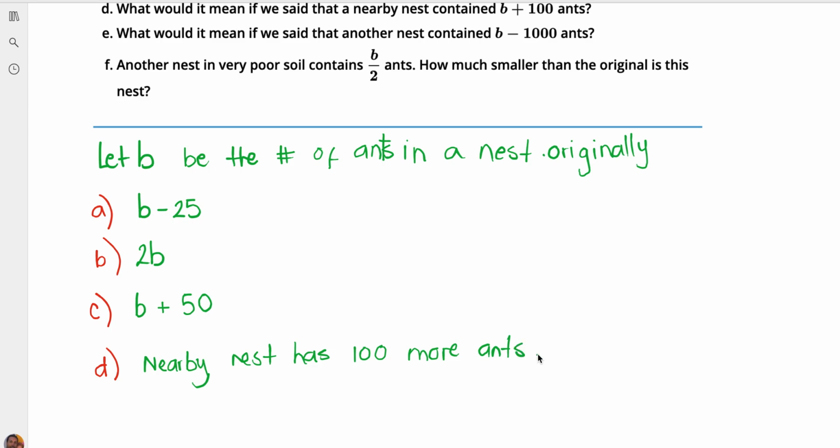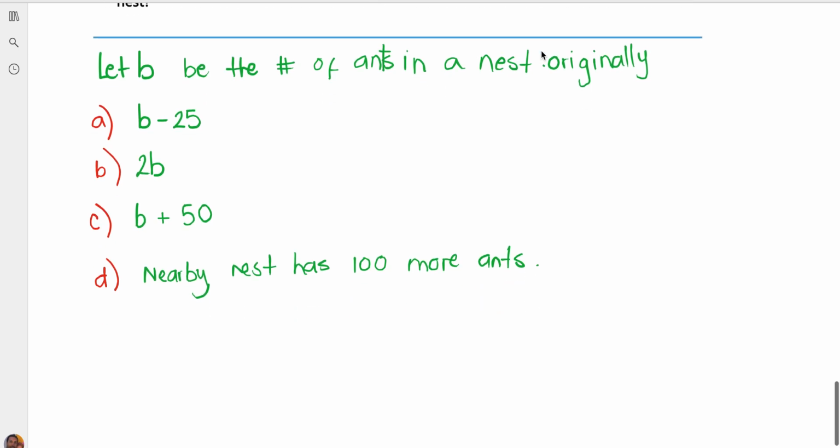Okay. Then E, what will it mean if we said that another nest contains B take away 1,000 ants?